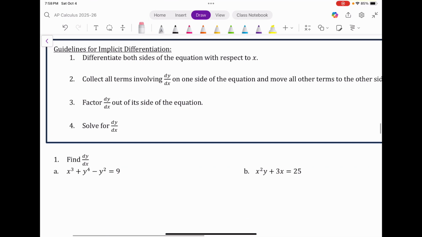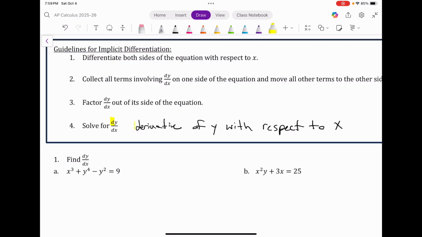Okay, so in this box I have the guidelines for implicit differentiation, which I'll run us through on these examples down below. But I want to talk about this notation dy dx and what it means. Okay, so the whole thing means the derivative of y with respect to x.